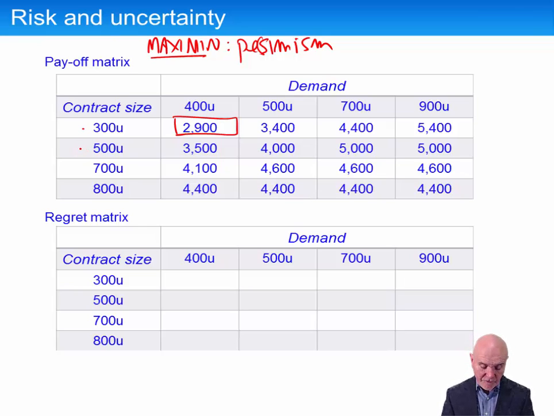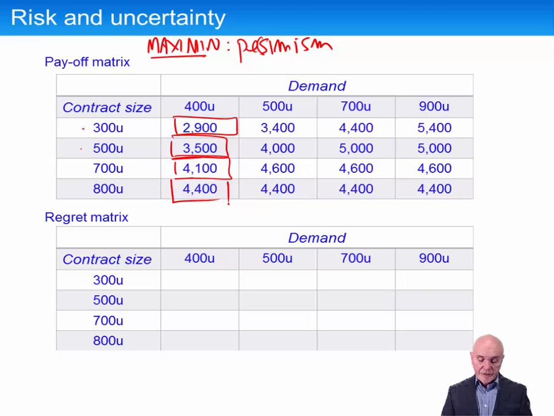If I sign up for 500, then the worst that can happen in here is, again, that one, 3,500. If you sign up for 700, the worst thing that can happen is going to be 4,100. And finally, you sign up for 800, it doesn't really matter what happens, but it's going to be only a profit of 4,400.